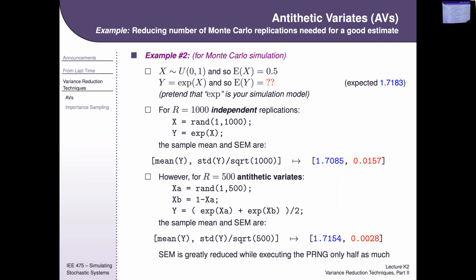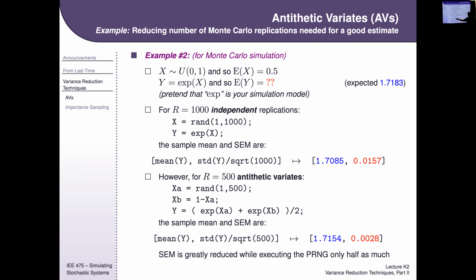Now, if I take the mean and standard error of the mean, I find that I get a much tighter standard error, and this interval, this plus or minus the standard error of the mean, is much closer to the expected 1.7183. Technically, I only ran 500 replications. I only drew 500 random numbers, so I drew half the random numbers.